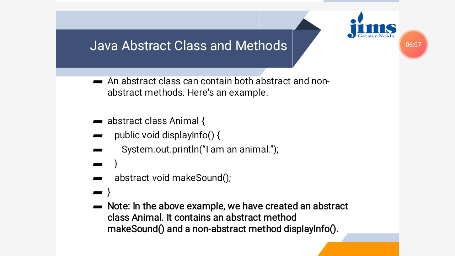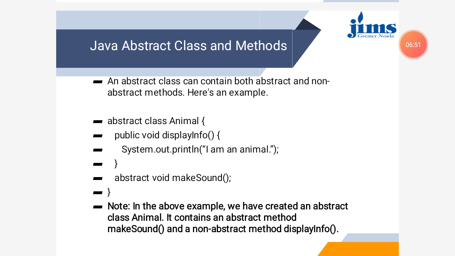So how are abstract class and methods related? A class which contains any abstract method must be an abstract class. So in this case, the Animal class is an abstract class. Why? Because it contains one abstract method, that is, makeSound is not having a definition. The second method present in this class is displayInfo. displayInfo has its body or definition, but makeSound is not containing any body or definition.